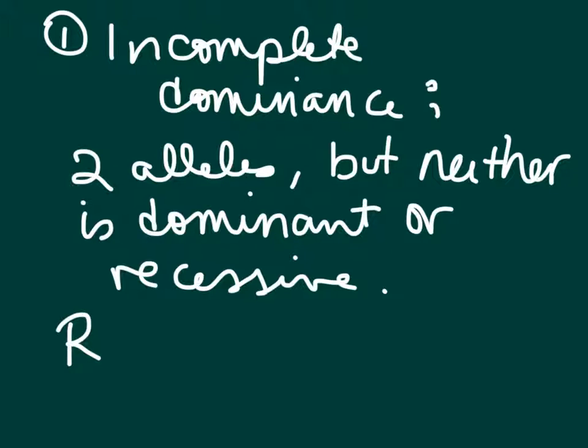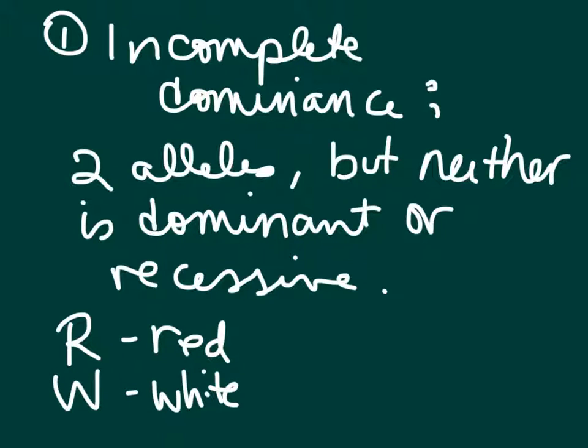The two choices for alleles are capital R for red or capital W for white. If a snapdragon has a red flower, that means that it inherited two red alleles. If it has a white flower, it inherited two white alleles.